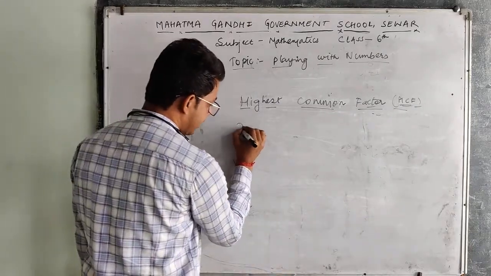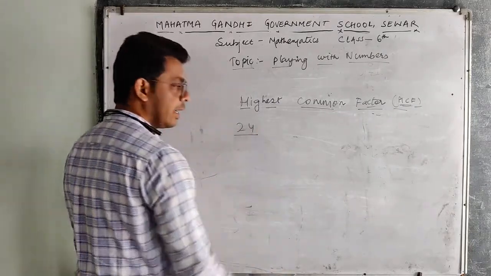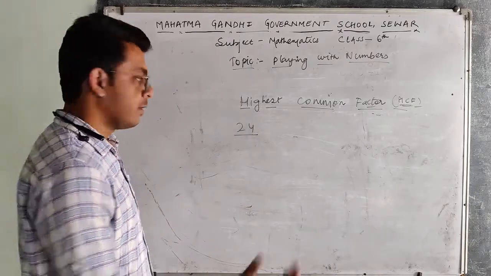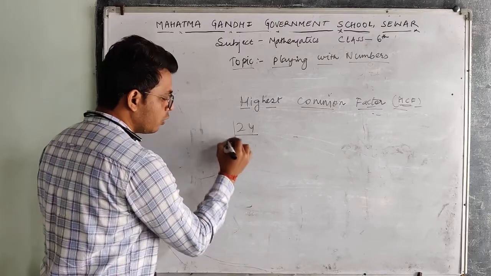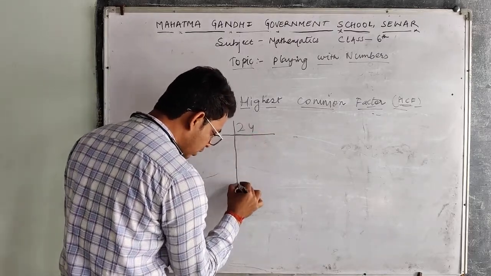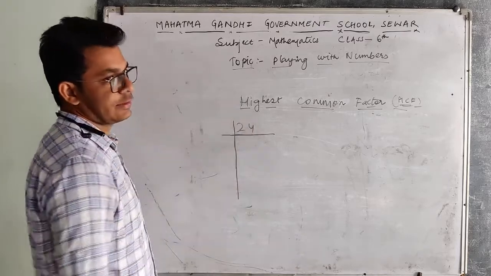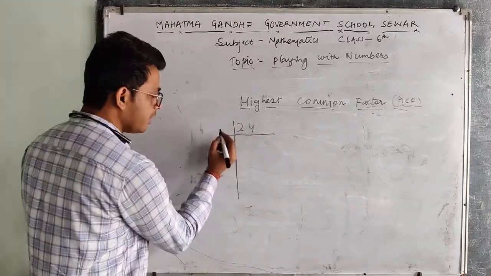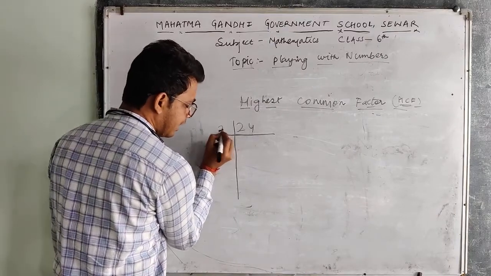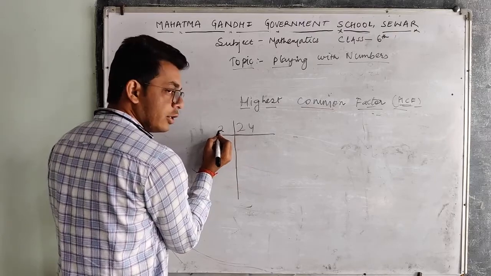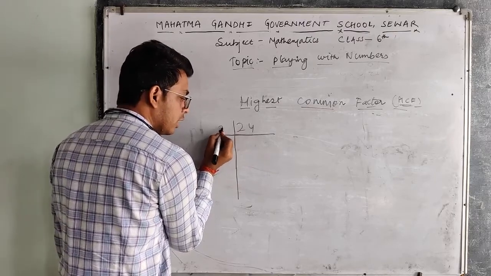If I write 24 and calculate its factors, first we will use this sign to calculate factors. This is another way to calculate factors. We will place the dividend and divisor here.